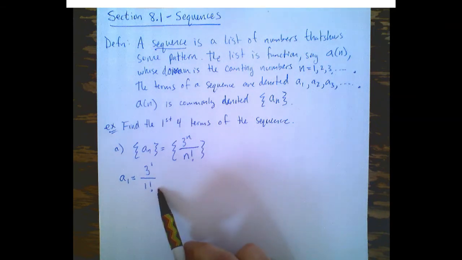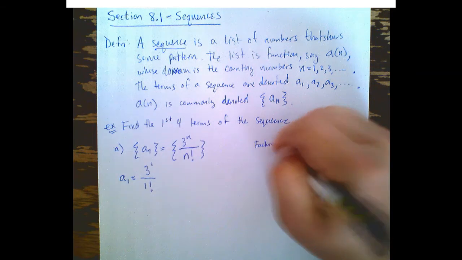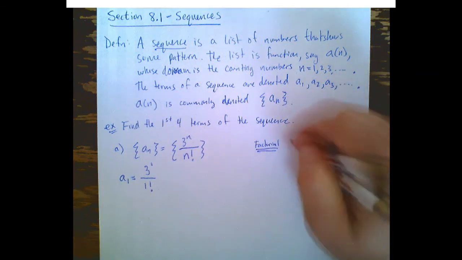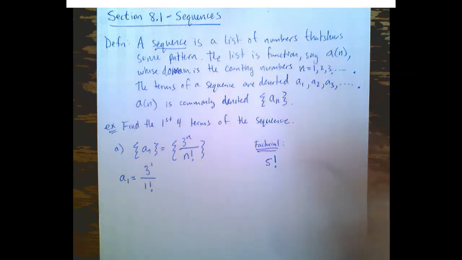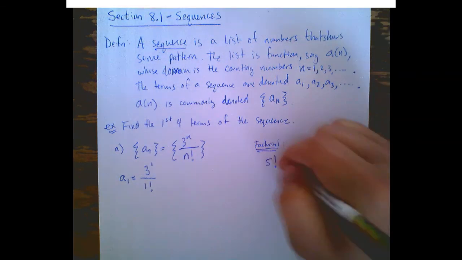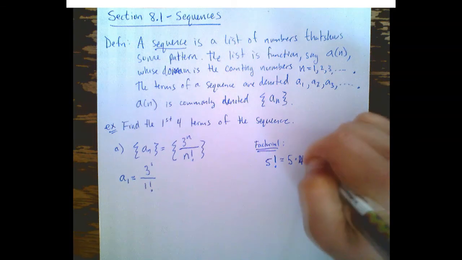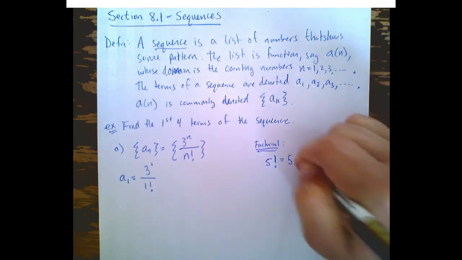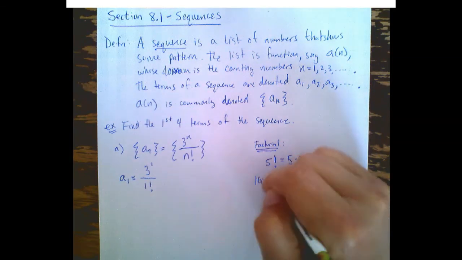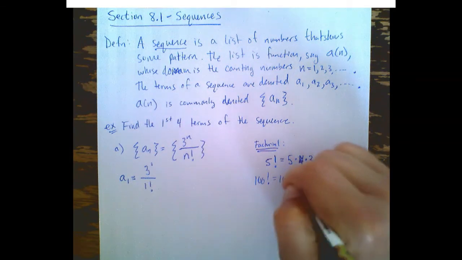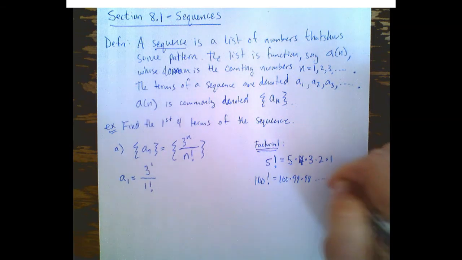You may have seen this before, but just a side note, factorial: let's say 5 factorial. What this means is 5 times 4 times 3 times 2 times 1. 100 factorial would be 100 times 99 times 98, all the way down to 1.